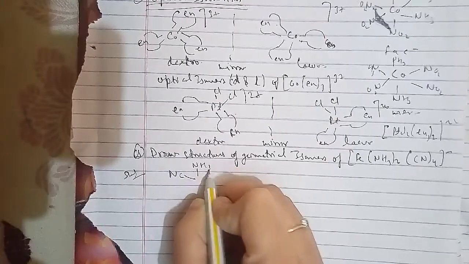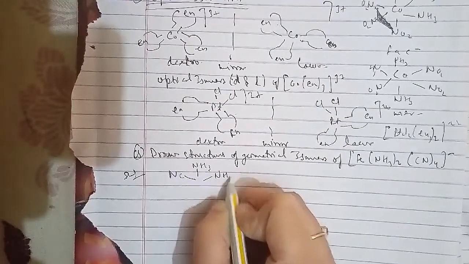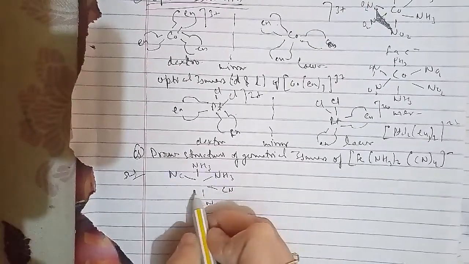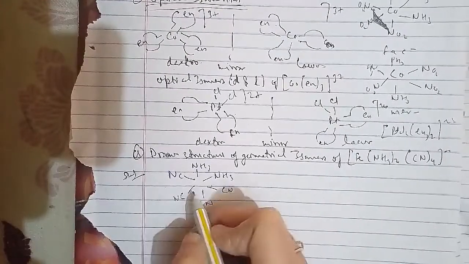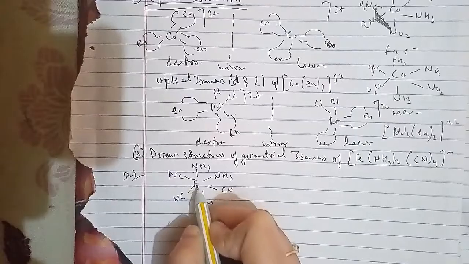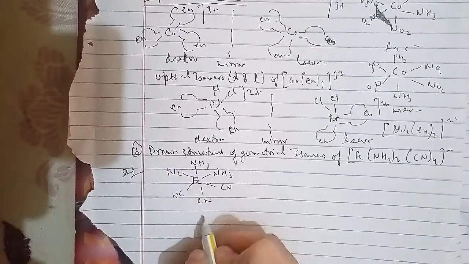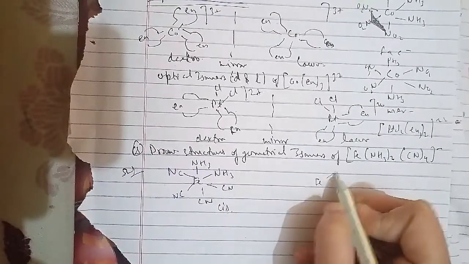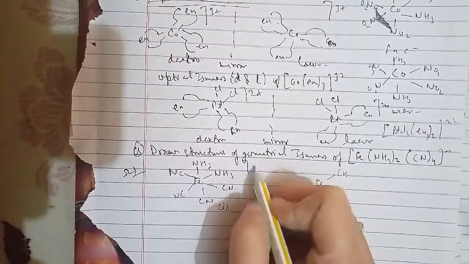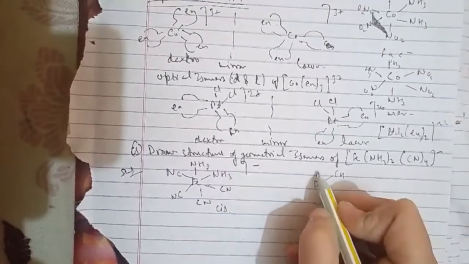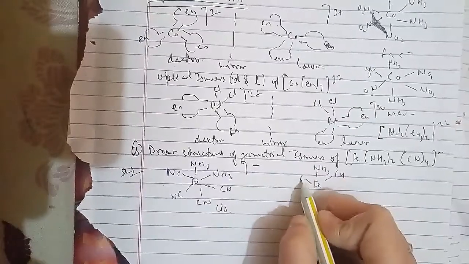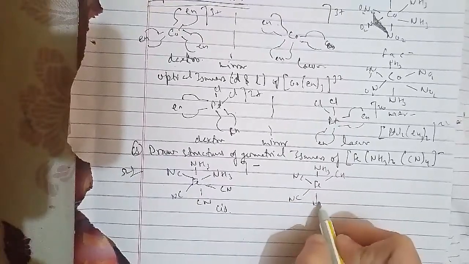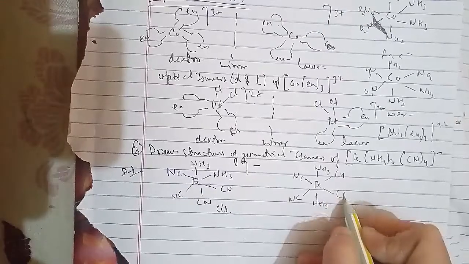Now we'll go ahead to another important question. Out of the following two coordination entities, which is chiral, that is optically active, that is what we have to find out.